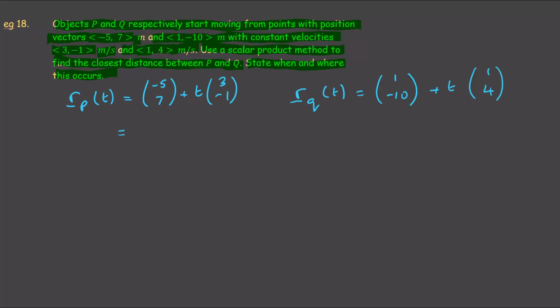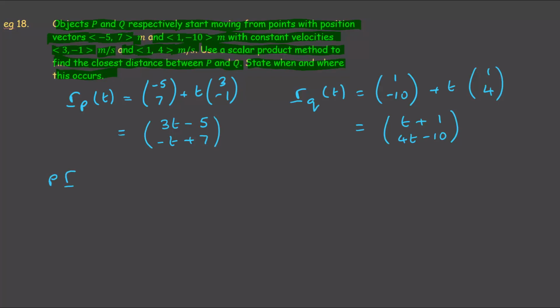And we can write that as (3t - 5, -t + 7), and this one would be (t + 1, 4t - 10).